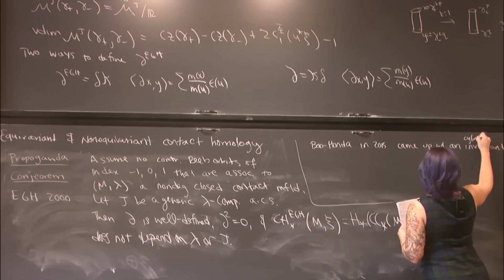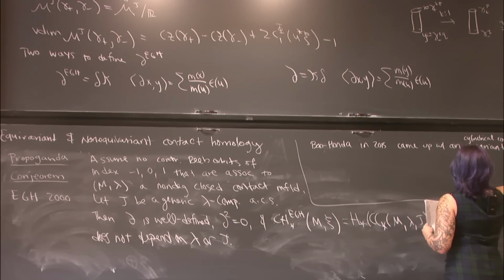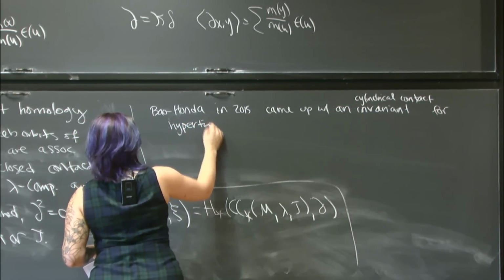a cylindrical contact invariant for hypertight contact forms, meaning there's no contractible Reeb orbits.